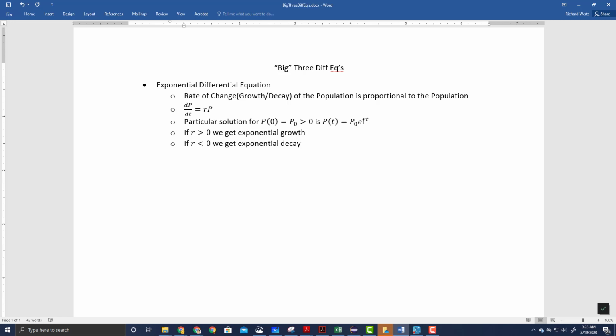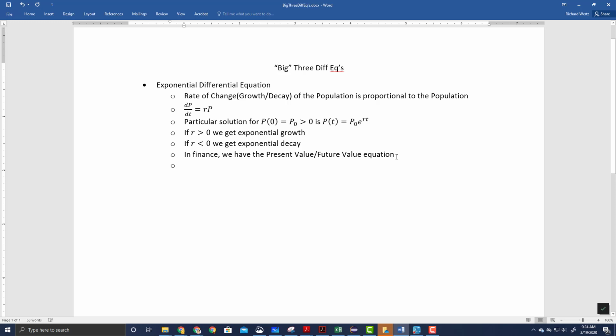Okay, and another equation that's related to this in finance is what's called the present value, future value equation. Sometimes they'll call it present value, sometimes future value.